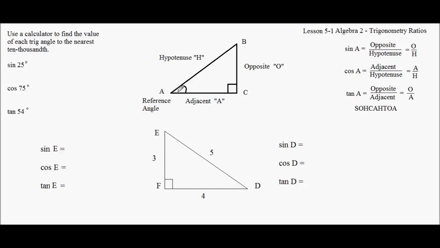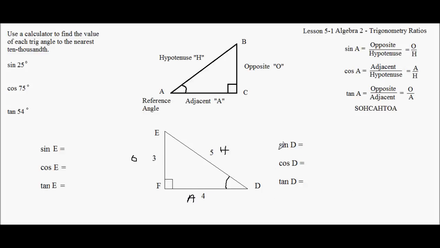Now we'll use this reference triangle. This is the reference angle right here, D. This is the opposite side, this is the hypotenuse, and this is the adjacent.